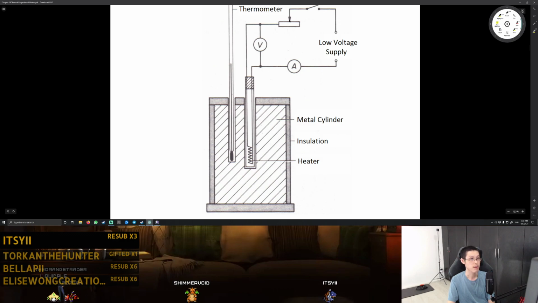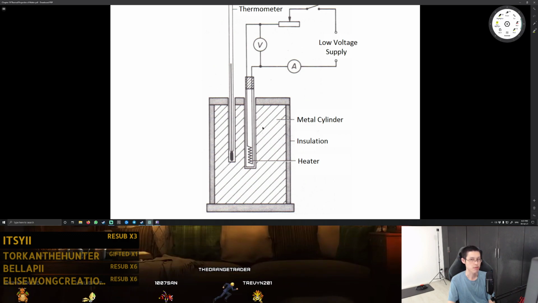And then you set up the circuit as shown like this. You want to draw it out if you can. So what's going to happen here is you're going to supply some current through the heater, and this heater is going to heat up the metal cylinder, and you want to heat it up slowly.